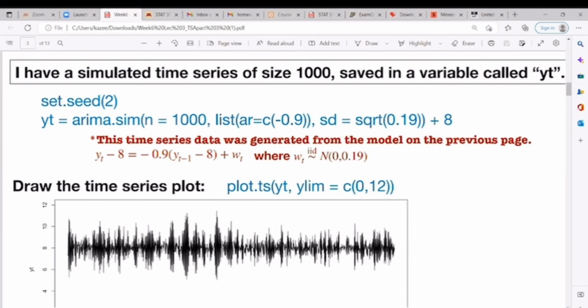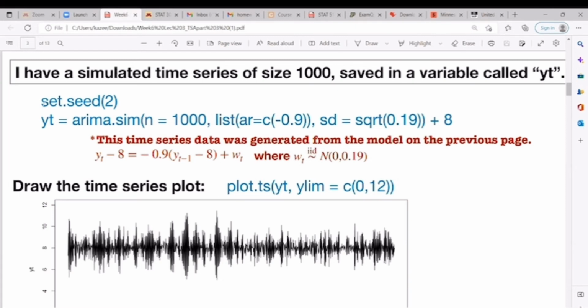So I want to try and get some data set to work with, and I'm going to show you how to simulate. Of course, I'm still going to walk you through this in the lab section.